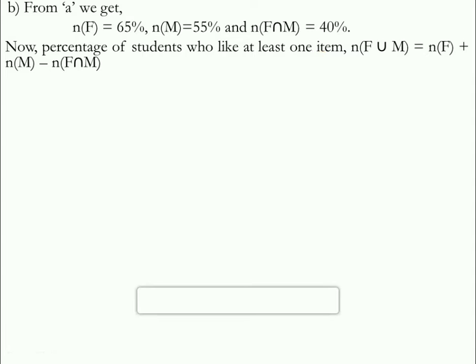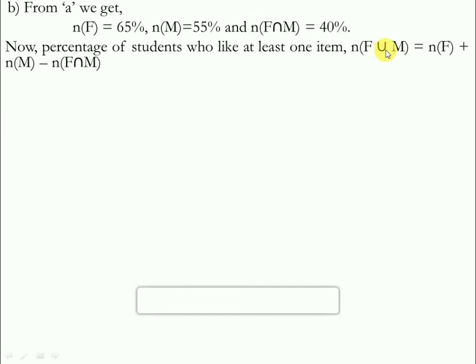Because we have to count who don't like both items. So if we first count the percentage of students who like at least one, then we can easily find out the total percentage. So at least one means either F or M.